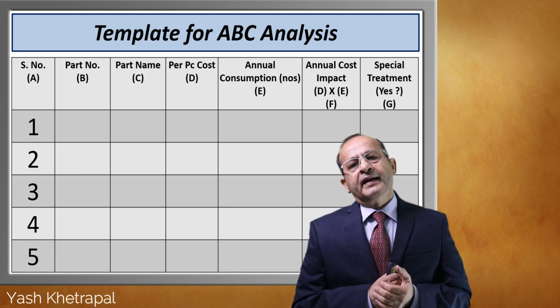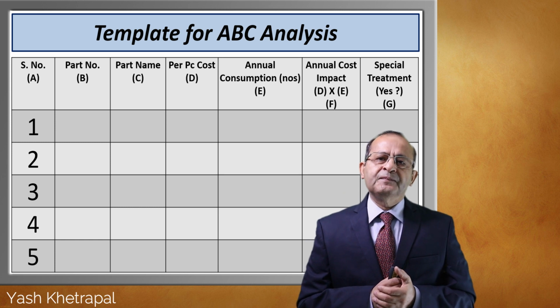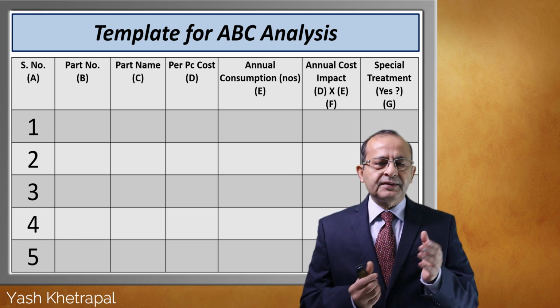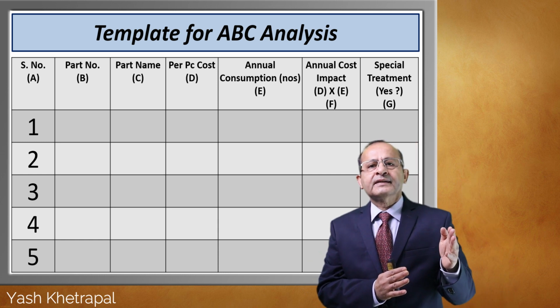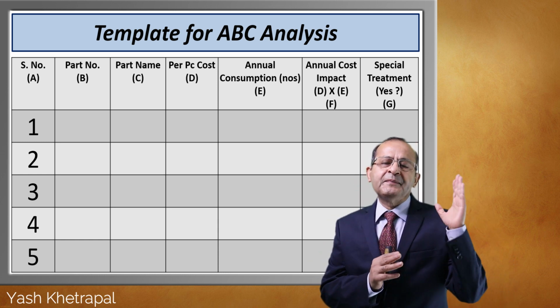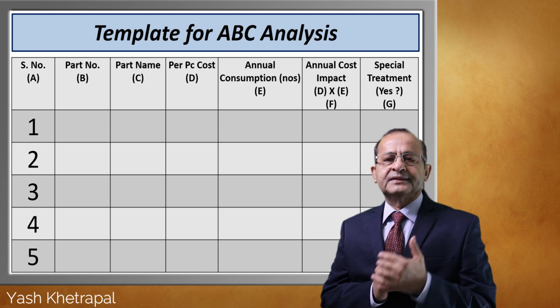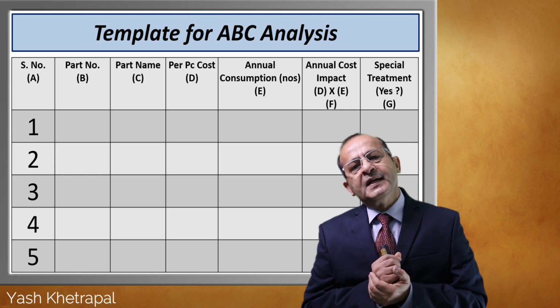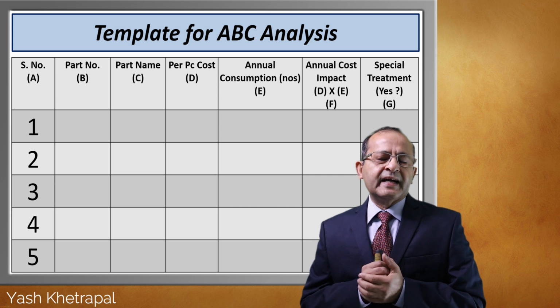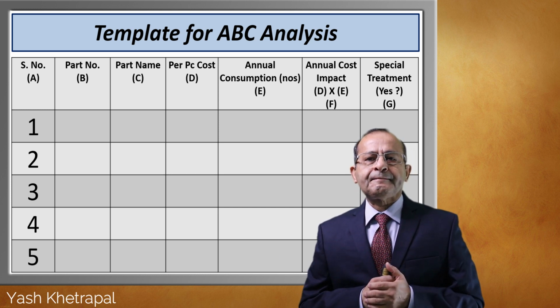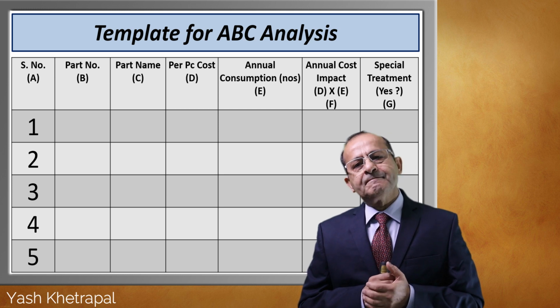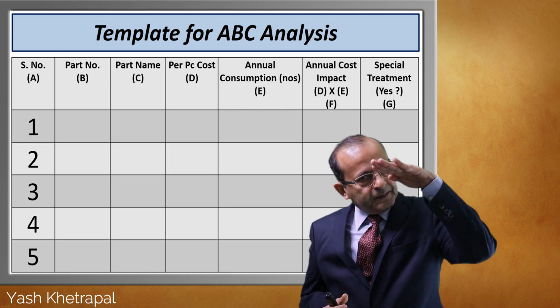But annual purchase impact is low, because it's used only in a special variant. We buy only 1000 numbers. So 500 multiplied by 1000, that means 500,000. 5 lakh rupees. So, maybe it will become a C class item.